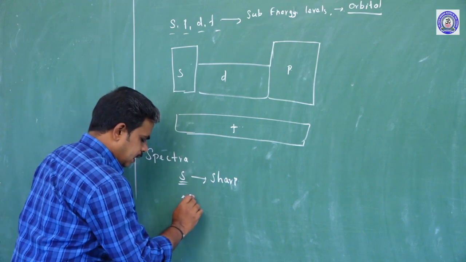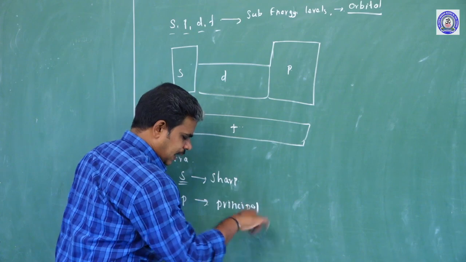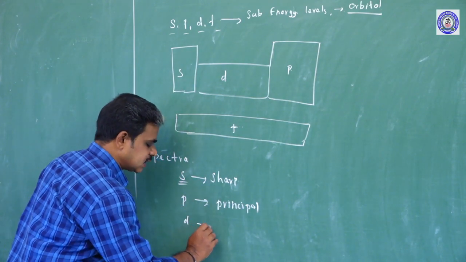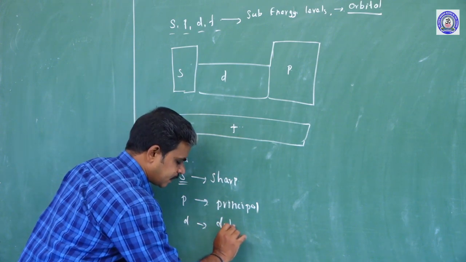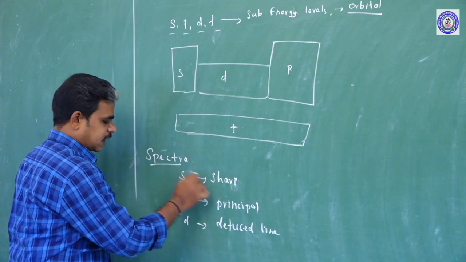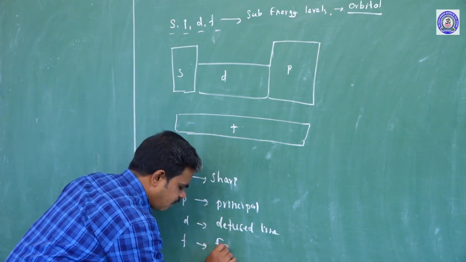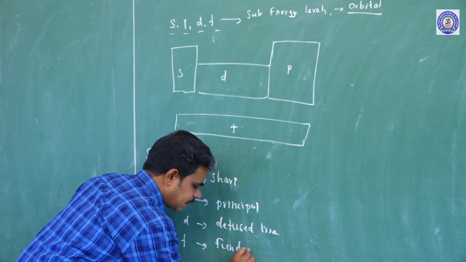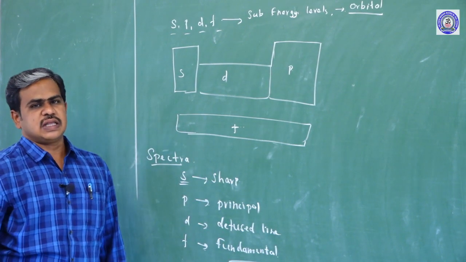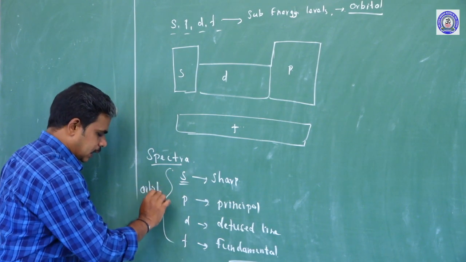P is the principal line. D is the diffused line in the spectra, and F is the fundamental line. So these are all called orbitals.